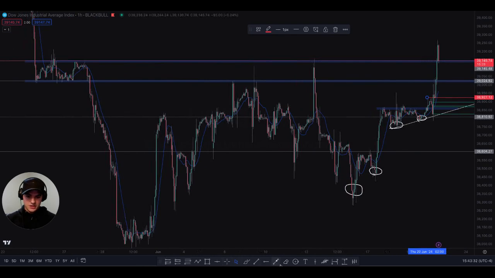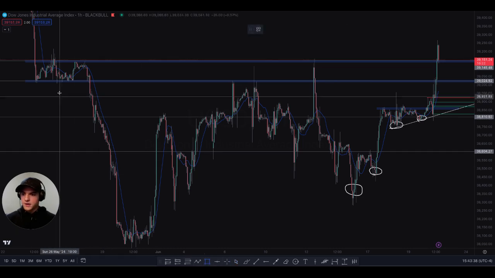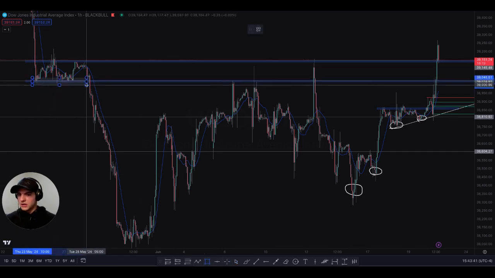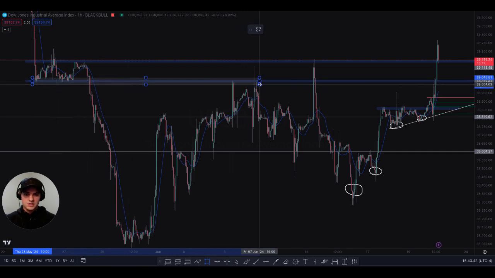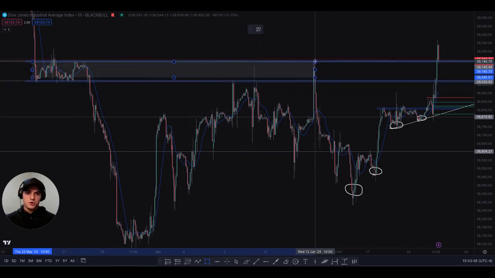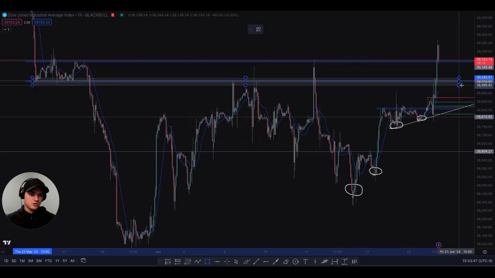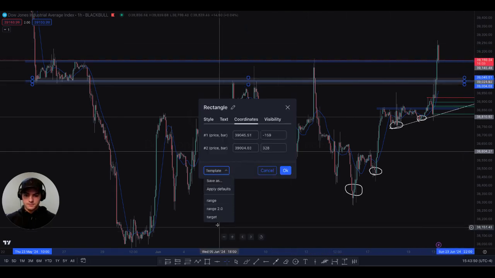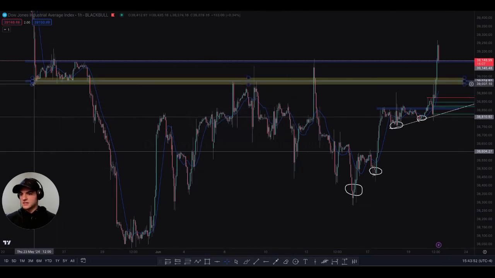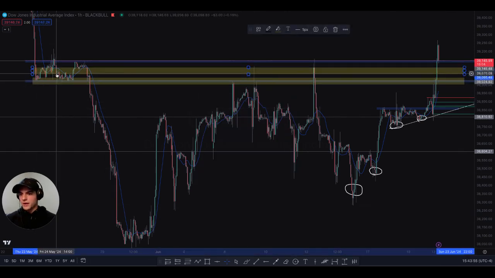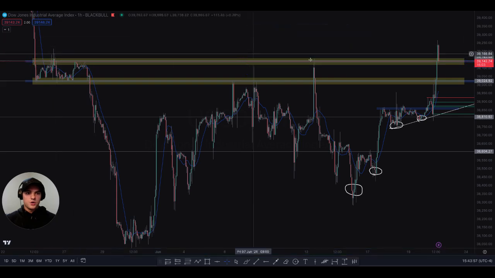This is the first area that I had marked up for my support over here on the left, and then we made a resistance, we broke up and then pushed down. So this was my first take profit area, and of course the second area would be right above, over here where we touched to, but I was already out of the trade.